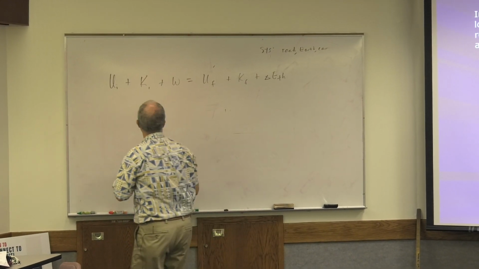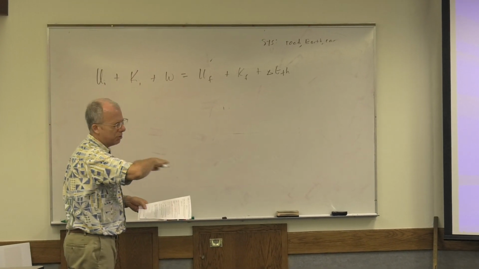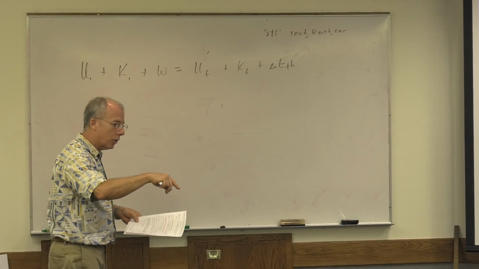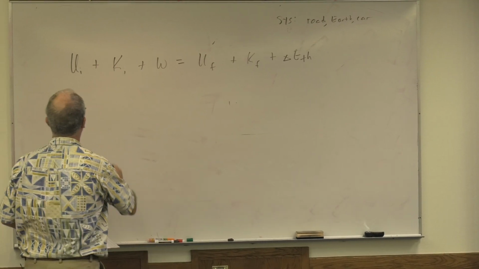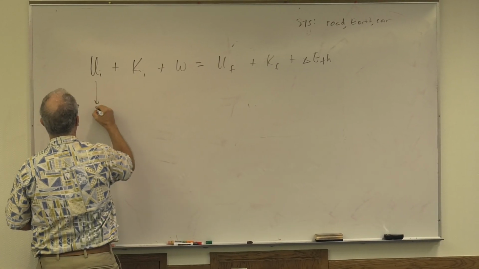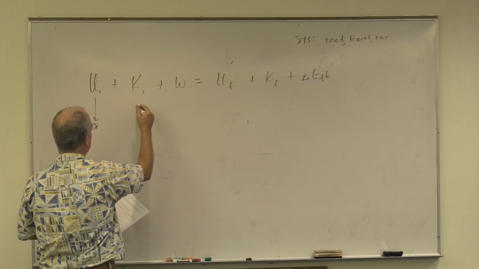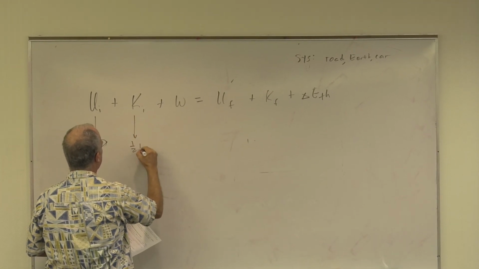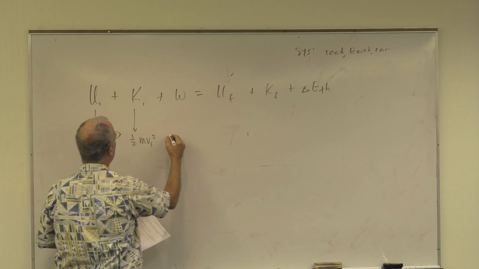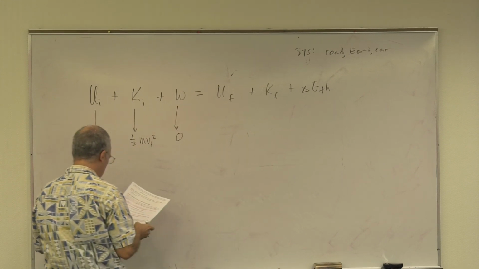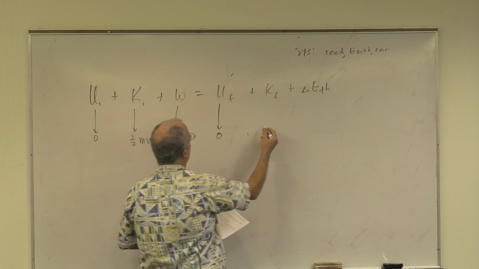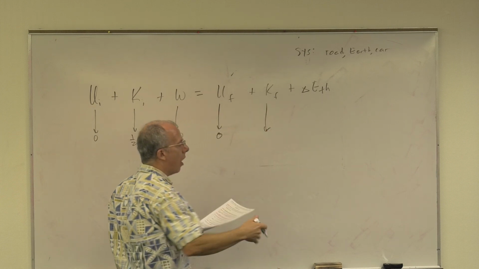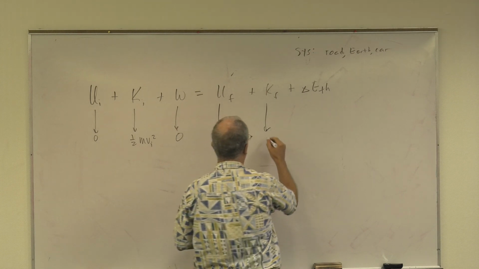Now, it's a level road, you assume, so the potential energy initial equals potential energy final, which we're going to call 0 because it's 0 height. So that's 0. K initial is just 1/2 m v initial squared. Now look at it, it stops, so K final is 0.